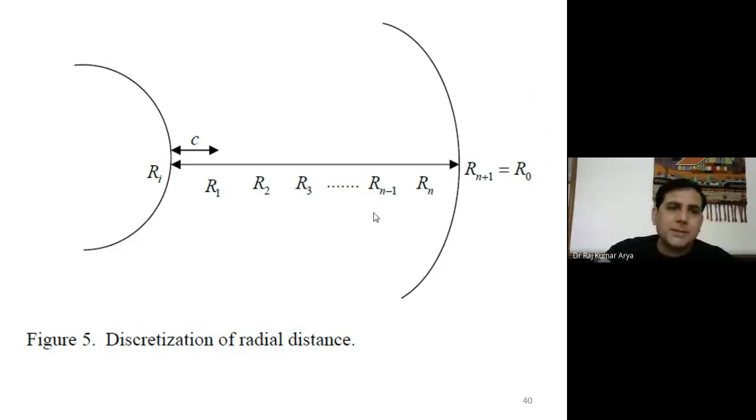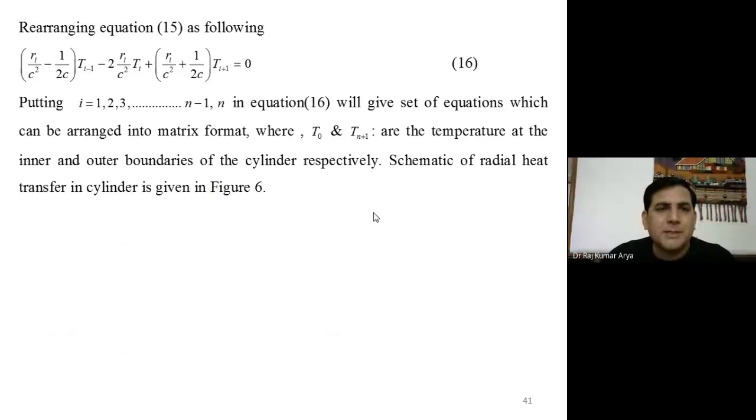Now you can write that equation. You rearrange it by taking the i minus 1 terms on one side, the i terms on another side, and the i plus 1 terms. So this is your generalized equation here.